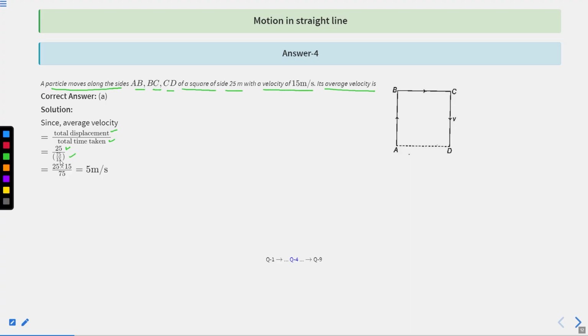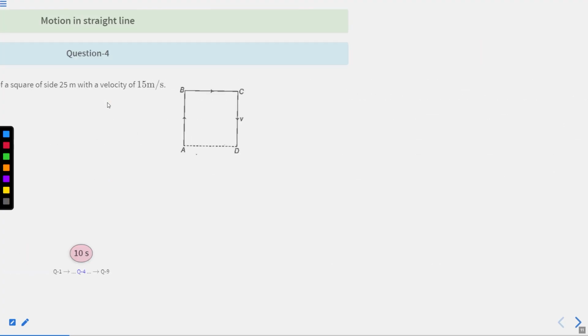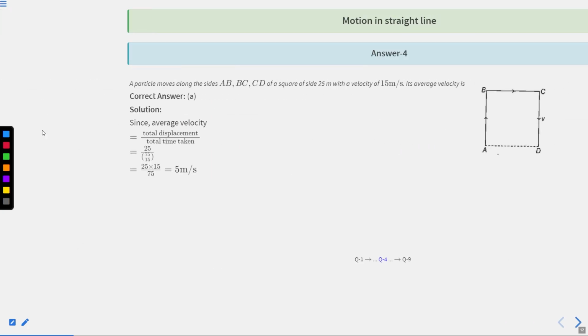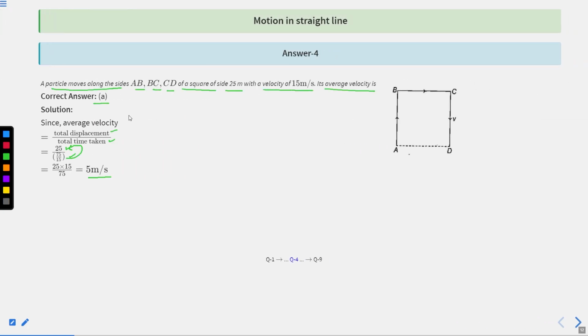After calculating, 15 multiplied with 25 and the answer becomes 5 meter per second. Clear? The correct option is A, 5 meter per second. This is the formula of average velocity: average velocity is equal to total displacement divided by total time taken.